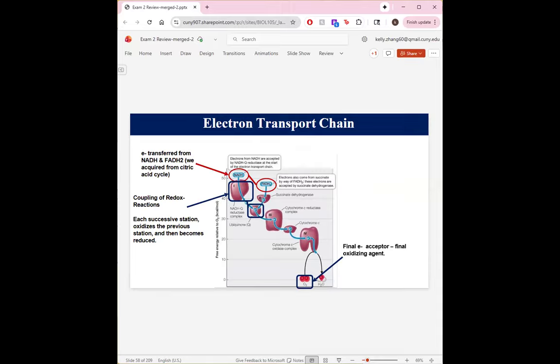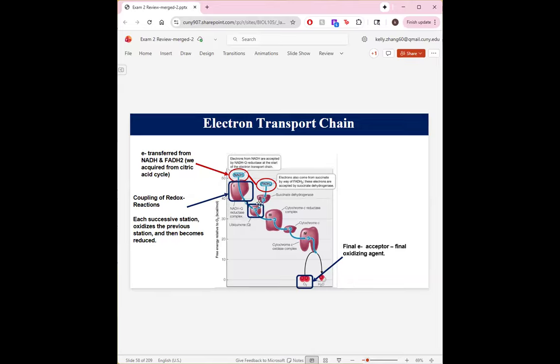For the steps of the electron transport chain, it's the movement of electrons, starting from step 1 with the NADH's electrons. These are, again, the outputs of the citric acid cycle. The electrons from these two molecules enter the chain through the protein complex 1. NADH enters through complex 1, and FADH2's electrons enter through complex 2.